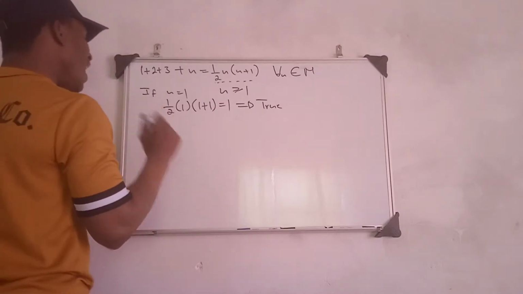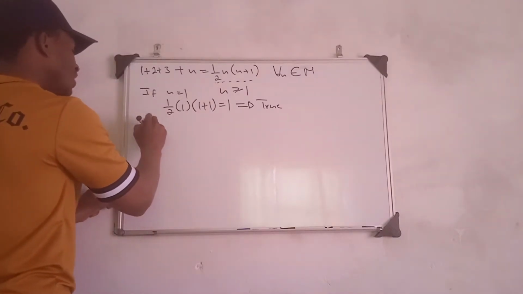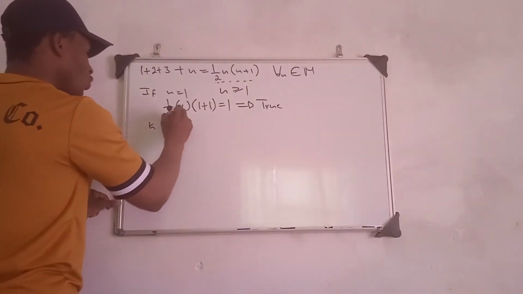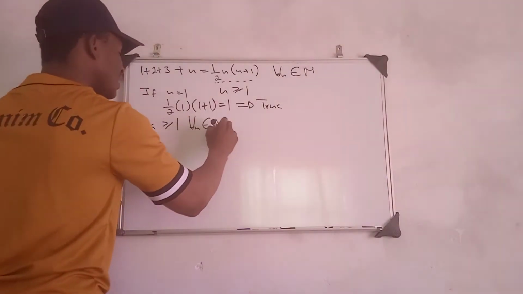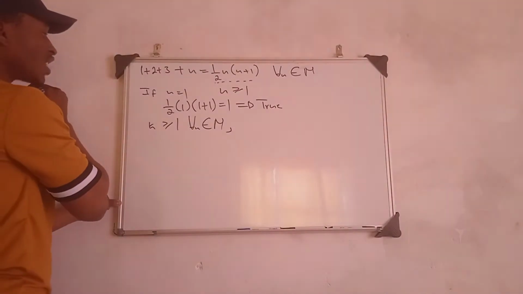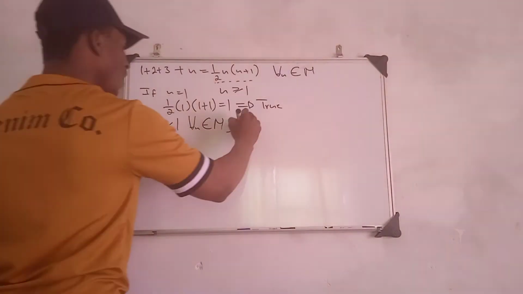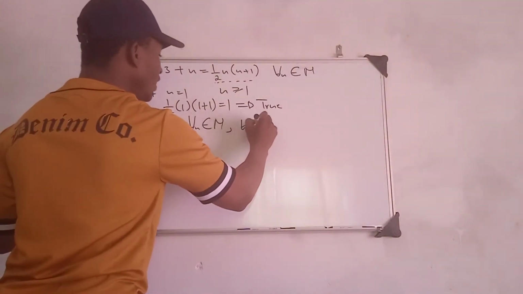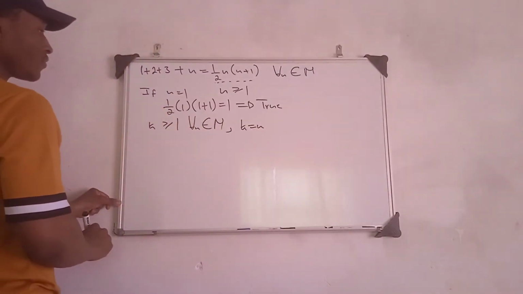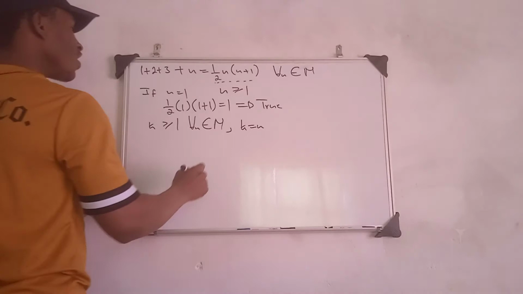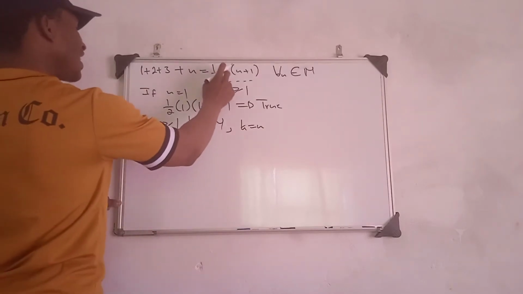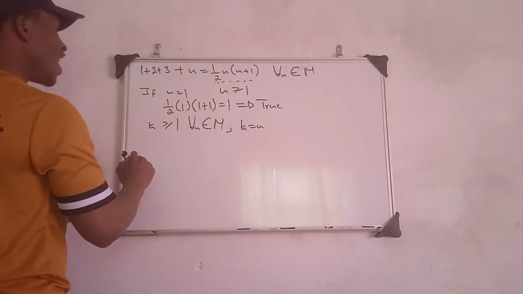So our hypothesis will also hold for k greater than or equal to 1, for all n which belongs in the set of natural numbers. But our k will be equal to n by our inductive hypothesis. So then we have to add k wherever we see n.